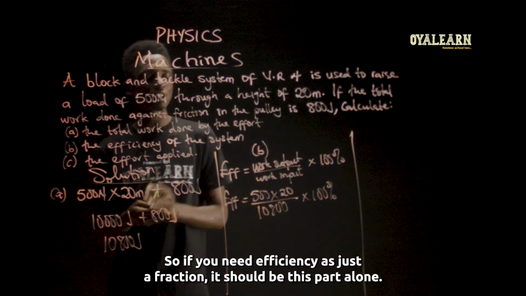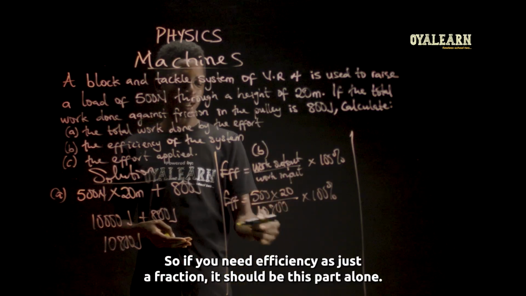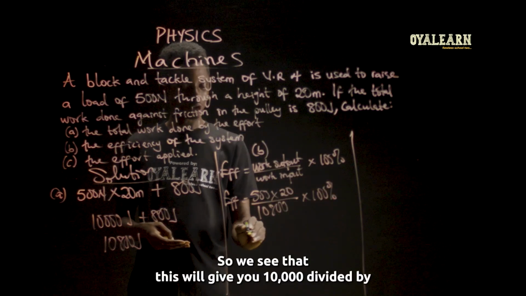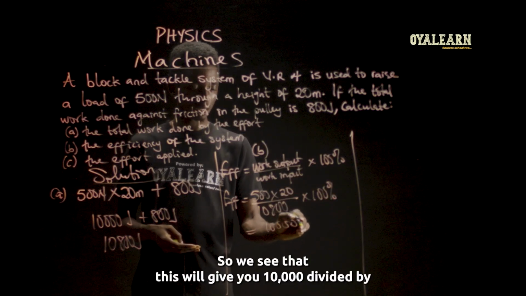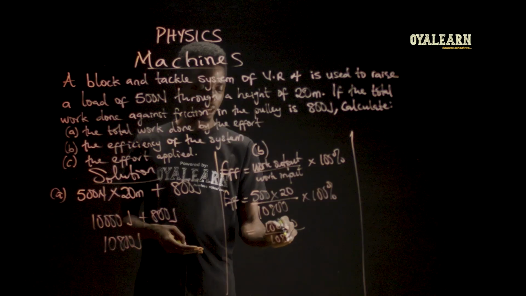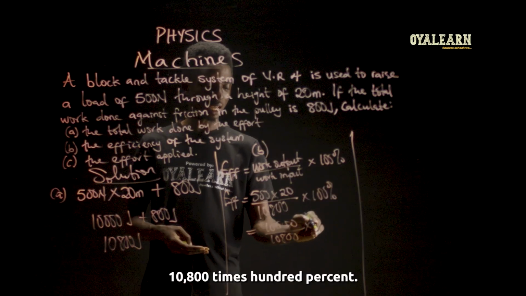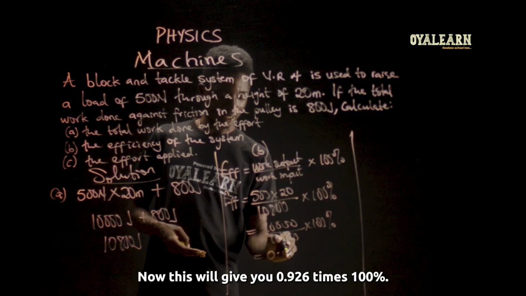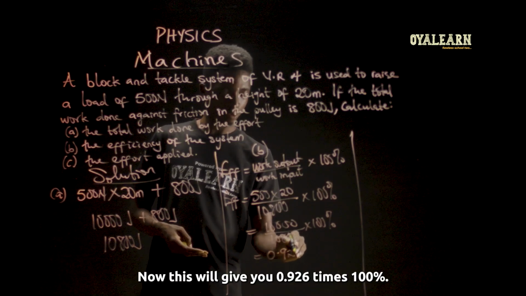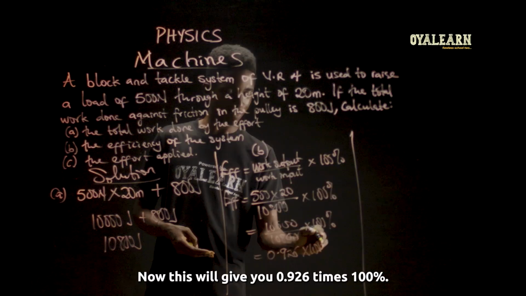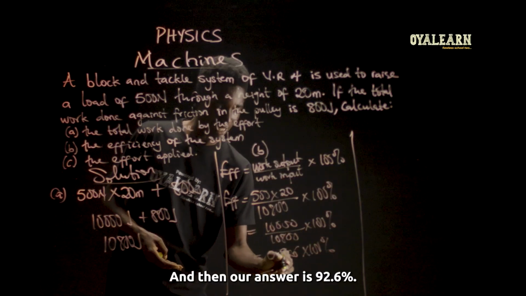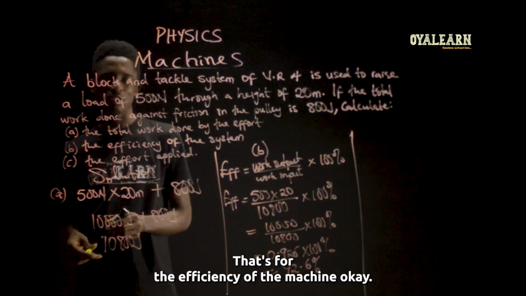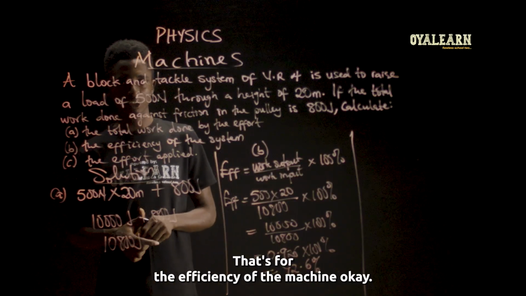So if you need efficiency as just a fraction, it would be this part alone. But leaving it in percentage is why we are multiplying by 100 here. So we see that this will give you 10,000 divided by 10,800 times 100%. Now this will give you 0.926 times 100%, and then our answer is 92.6%. That's for the efficiency of the machine.